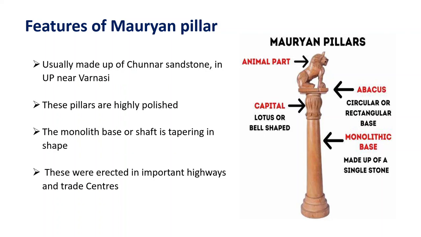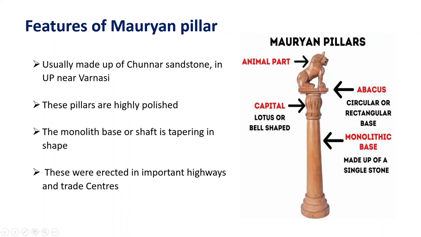If you look at the figure, this is called the monolithic base or the shaft, which is made up of a single piece of sandstone. Above it there is a capital, and this capital is either lotus or bell shaped. Above the capital we can see an abacus.